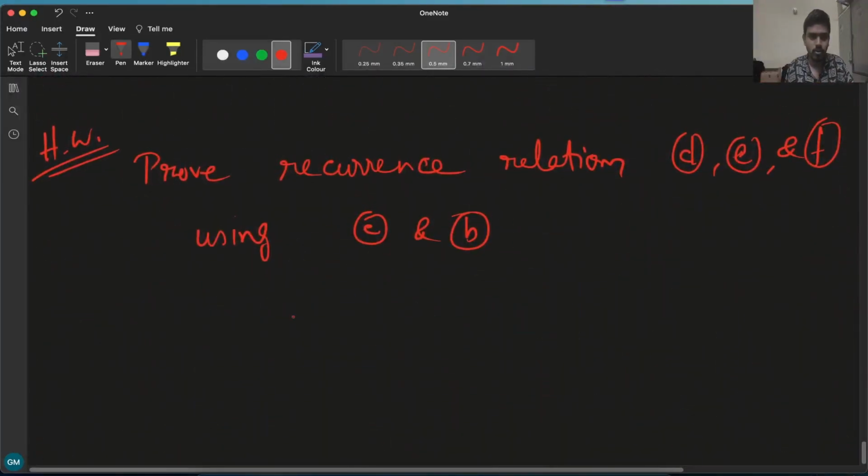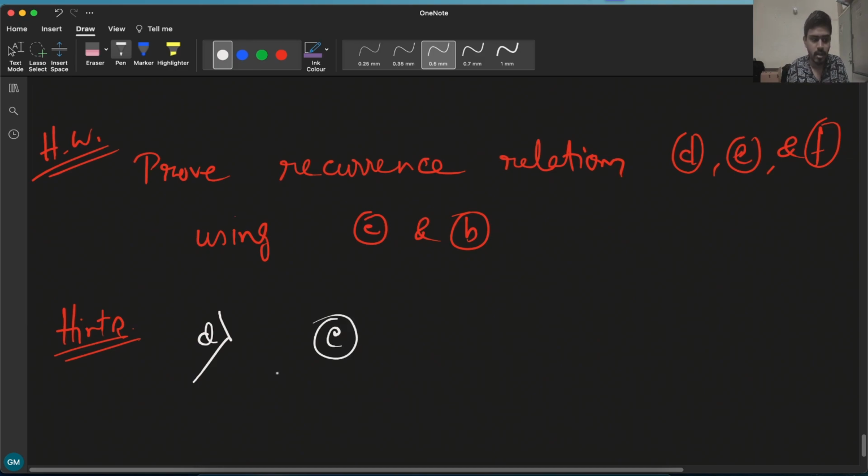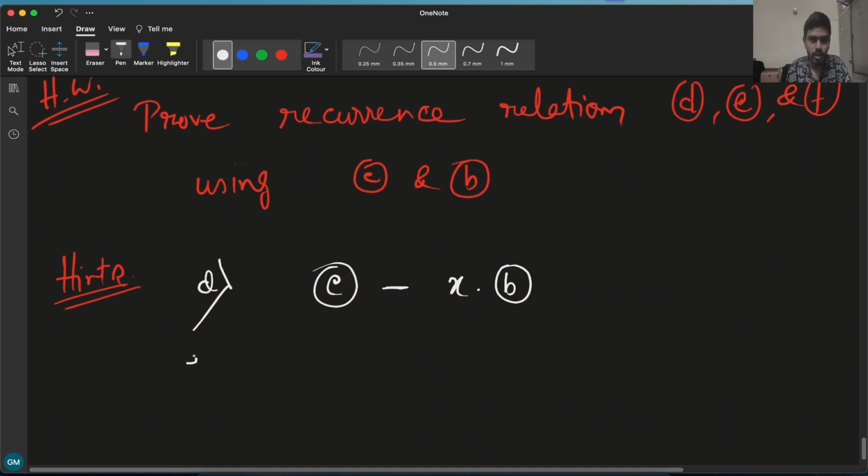Hints are basically: to prove D, take recurrence relation C and subtract x times recurrence relation B. Multiply x with recurrence relation B and subtract it from recurrence relation C, then you will get recurrence relation D. Then for E, calculate x times C and then add it with minus B recurrence relation.